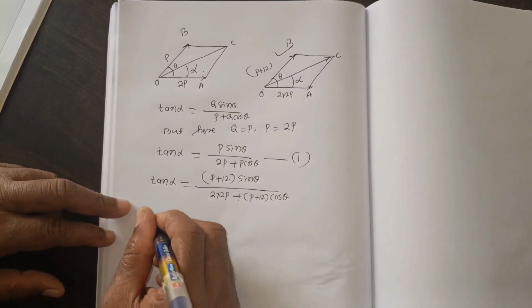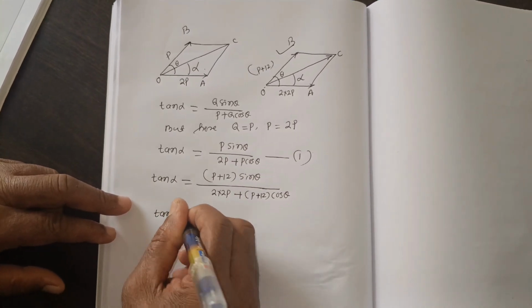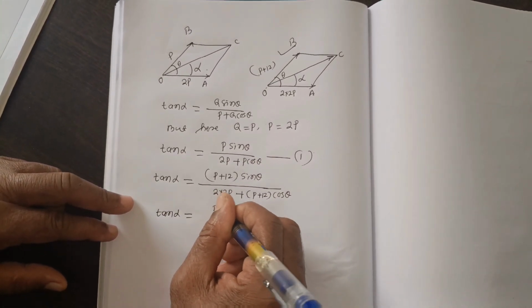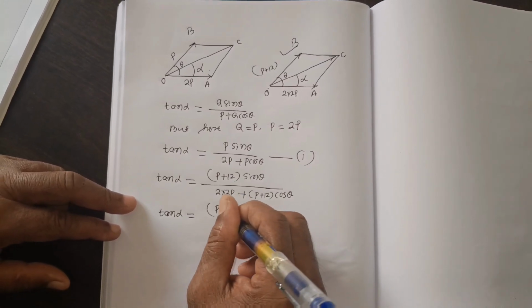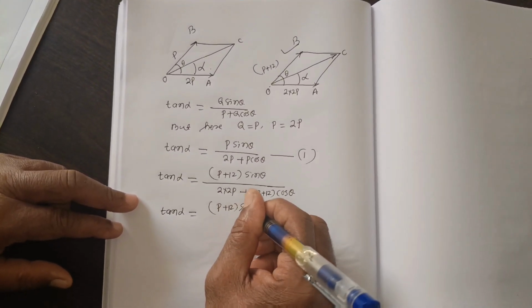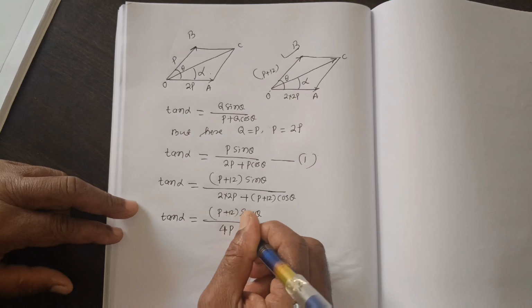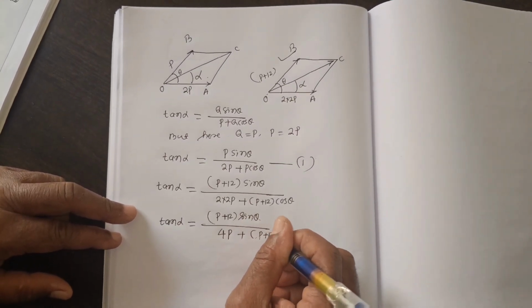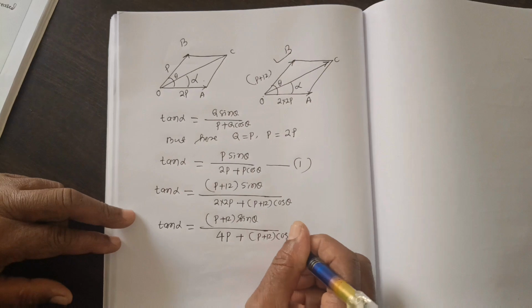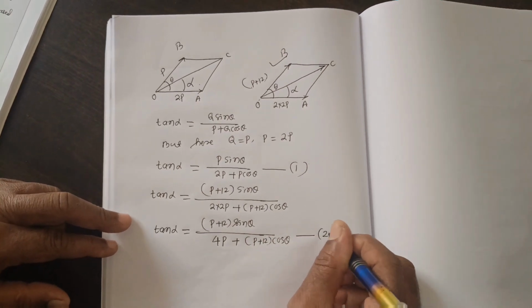Or tan alpha is equal to p plus 12 into sin theta divided by 4p plus p plus 12 cos theta. This is equation 2.